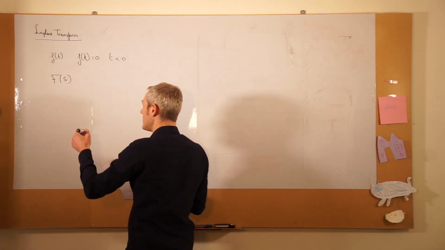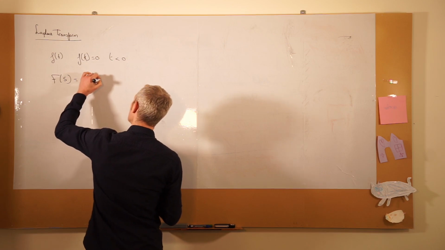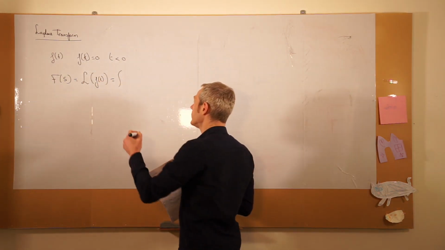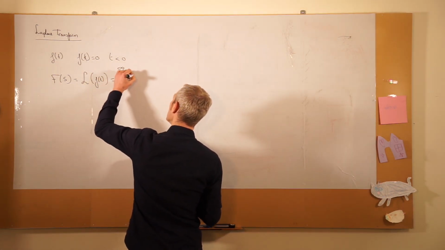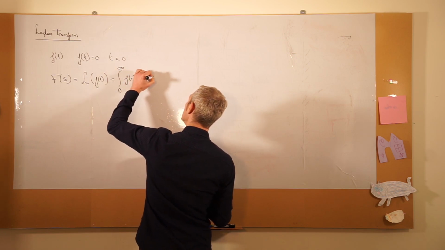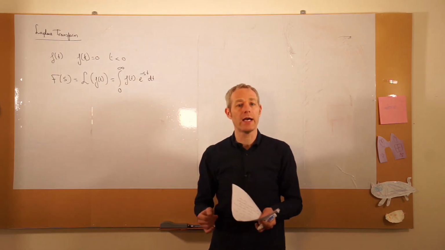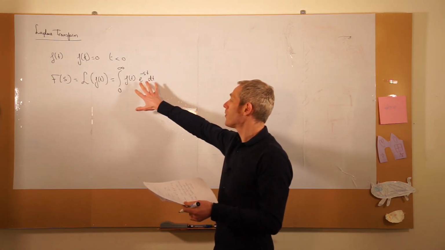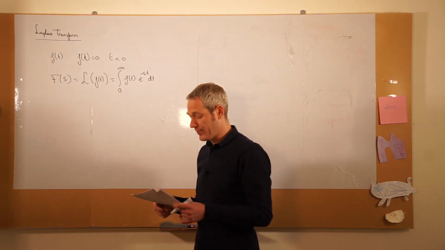This is typical notation: L of f of t is the integral from 0 to infinity of f of t times e to the power of minus st dt. So it's an integral over time, but we introduce the variable s, and that is a complex variable. If we perform this integration, we'll have the Laplace transform of f.